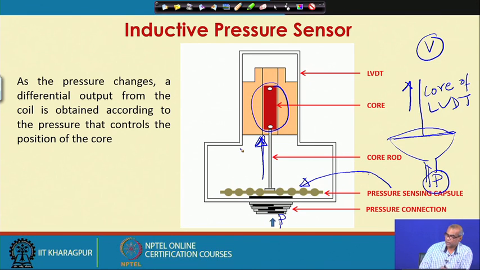Accordingly, an appropriate voltage from the LVDT will be produced depending on the portions of the secondary coils that are affected. So, the pressure that is being applied to this diaphragm or pressure sensing capsule can be related to the output voltage from the LVDT. So, this is how an inductive pressure sensor will work.